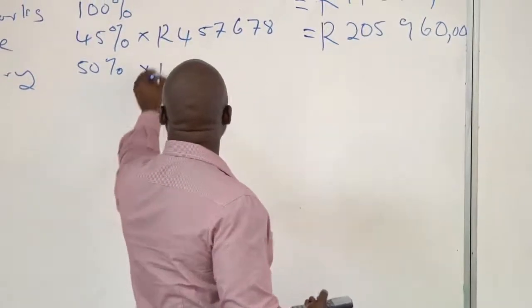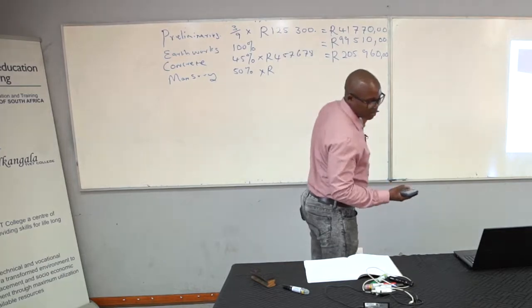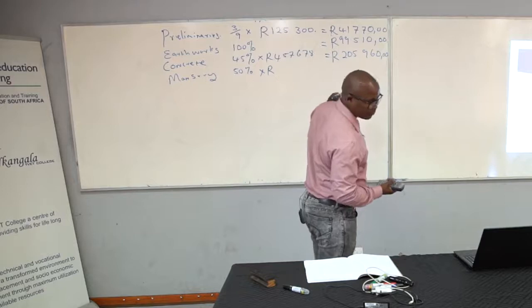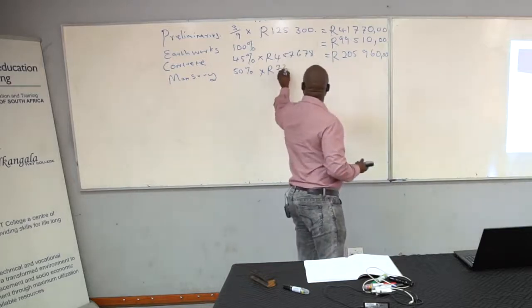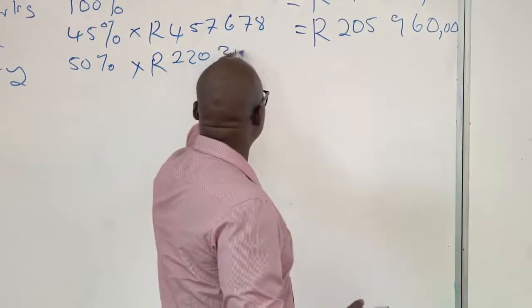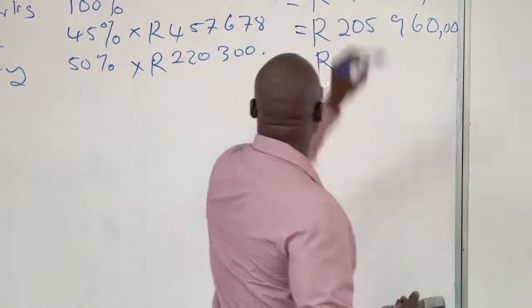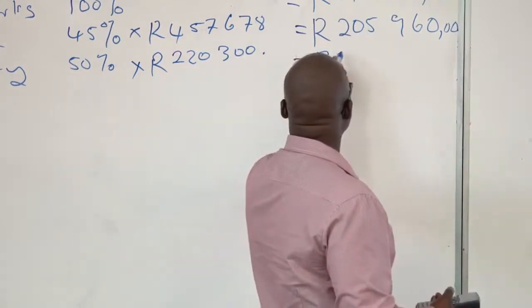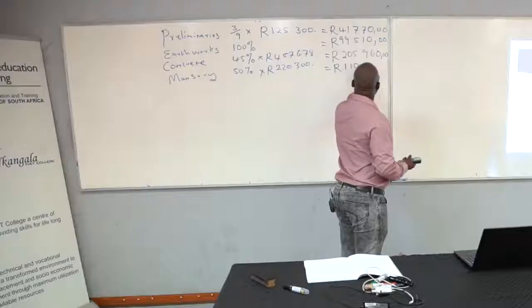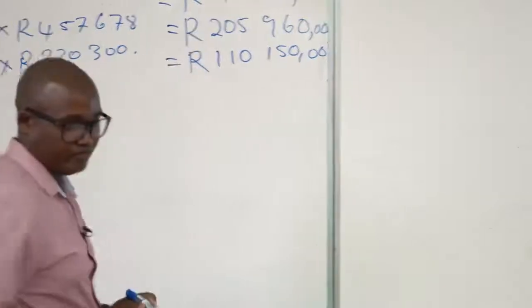But you still have to indicate here so that it is understandable how we got this one. It's 220,300. Then it landed on 110,150.